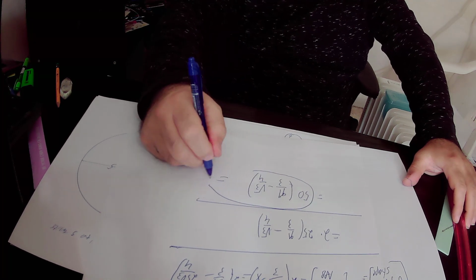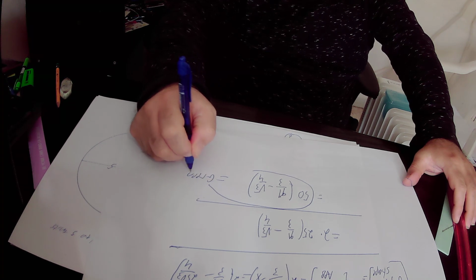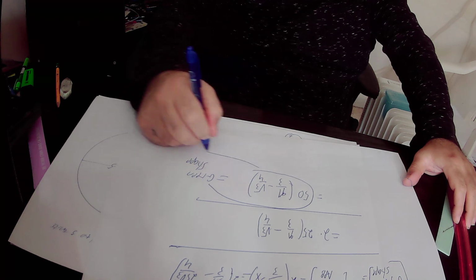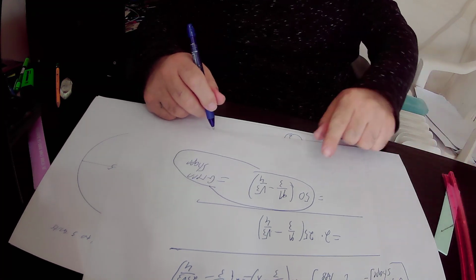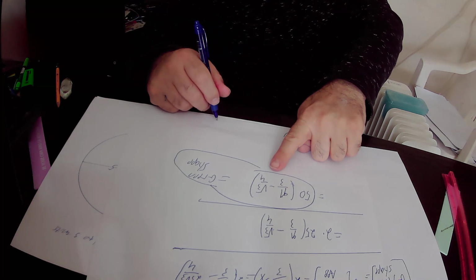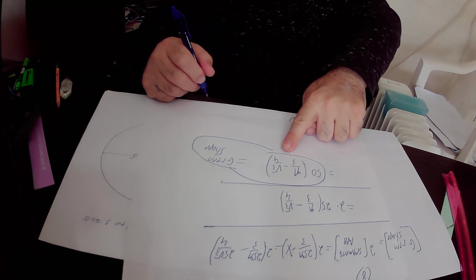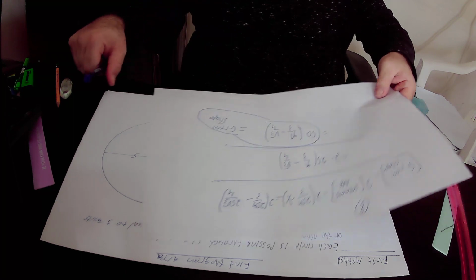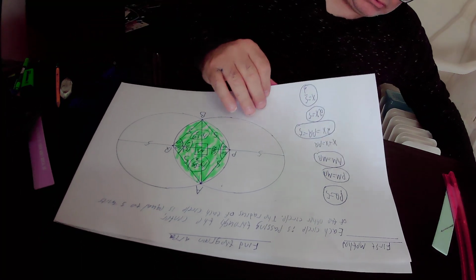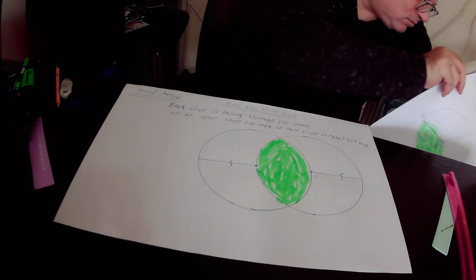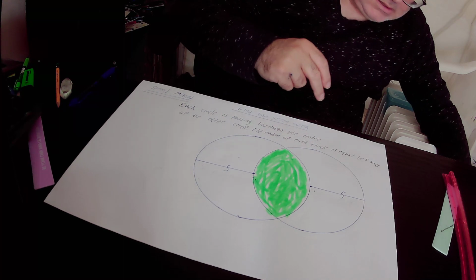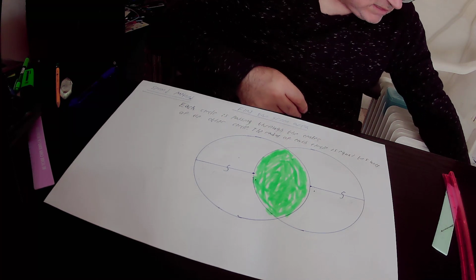Okay, the area of the green shape, according to the first method, is equal to 50 times pi over 3 minus square root of 3 over 4 square units. We finished with the first method. In the next step, I will present how to find the area of this green shape according to the second method.